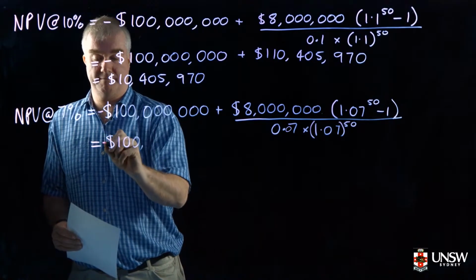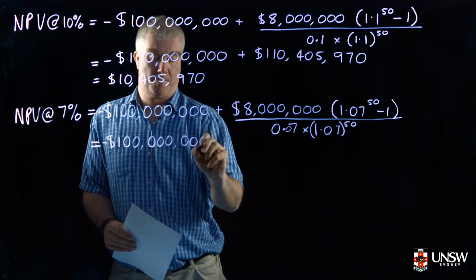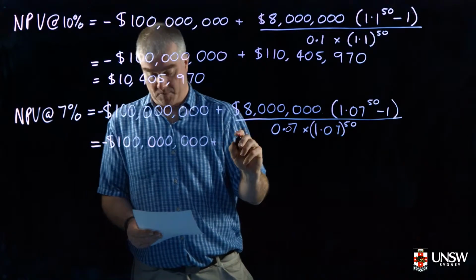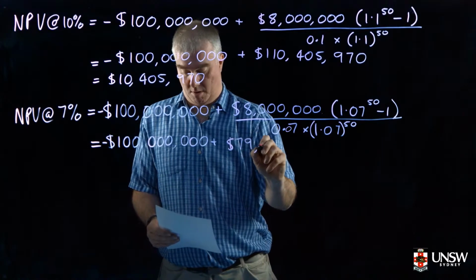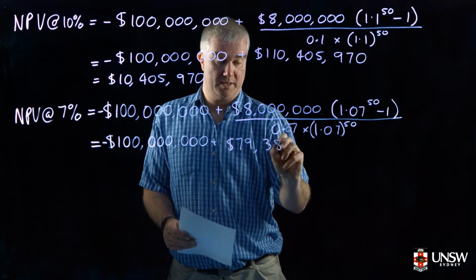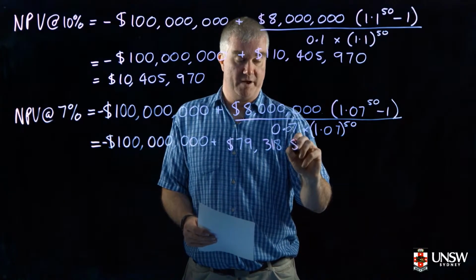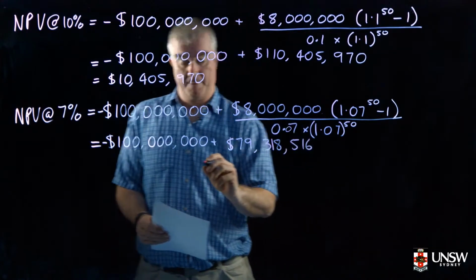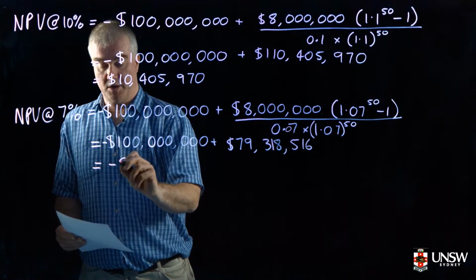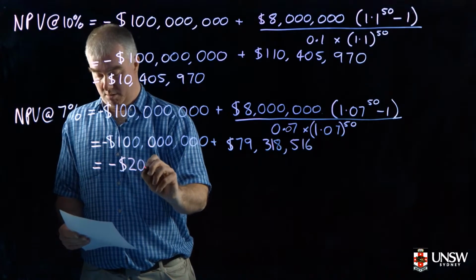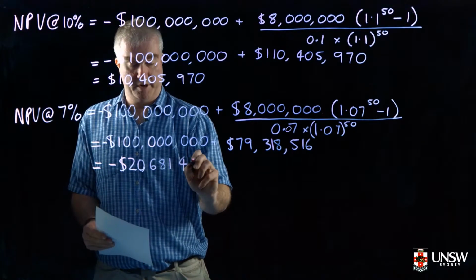Sorry, that was a negative. Plus $79,318,516, which gives us a net present value of minus $20,681,484.